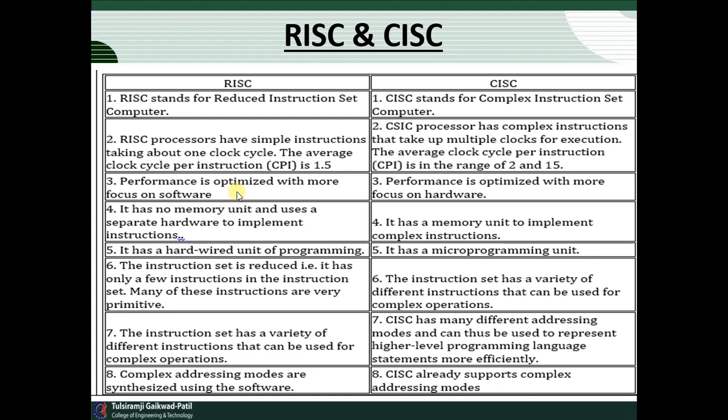Now the fifth difference is that RISC has hardware unit programming, and CISC has microprogram control units. We know that there are two types of control unit: the hardwired control unit, and the microprogram control unit, which generates the control signals. Same here, RISC uses hardware control and CISC uses microprogram control units.